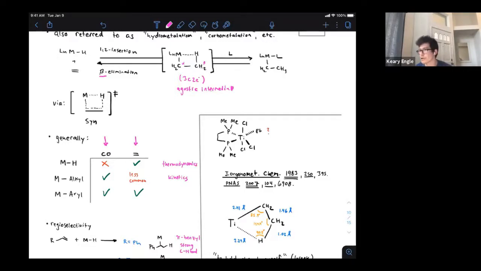And then the trend is, as a first approximation, sort of reversed when you're talking about alkene insertion. The fastest reacting are metal hydrides, then metal aryls, and then metal alkyls can react, but other things will react first.